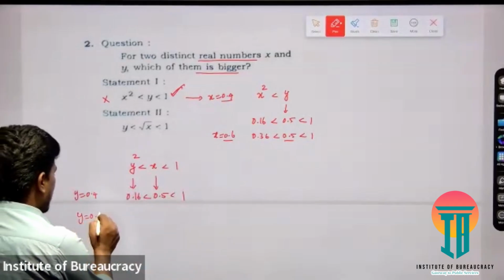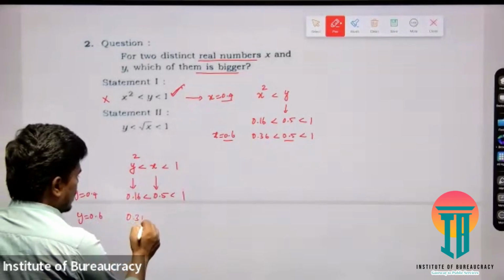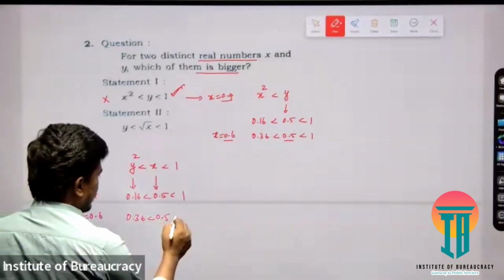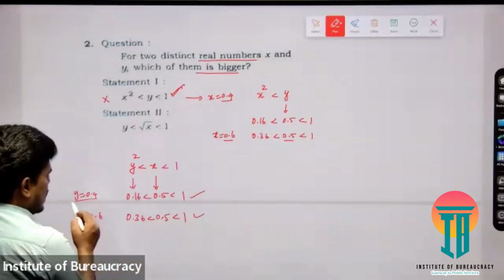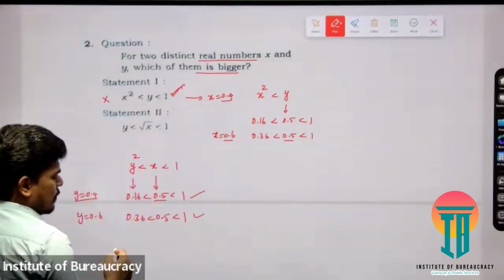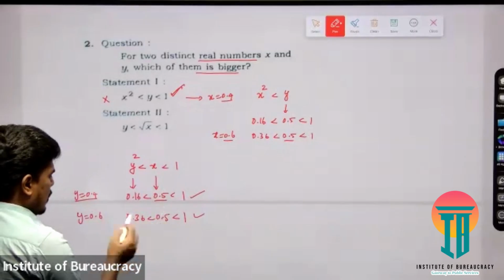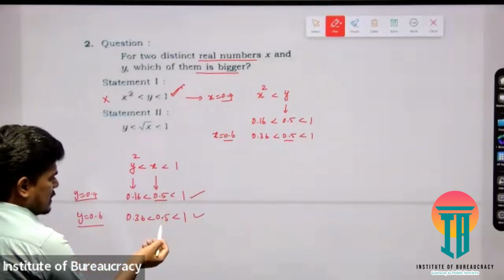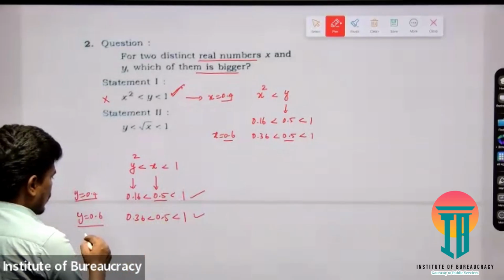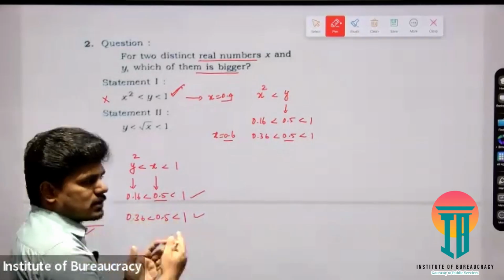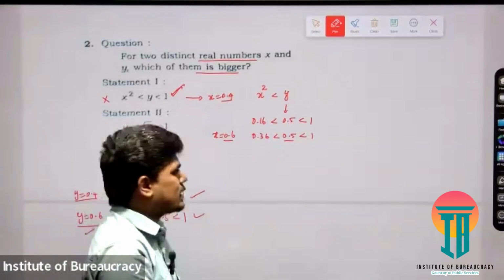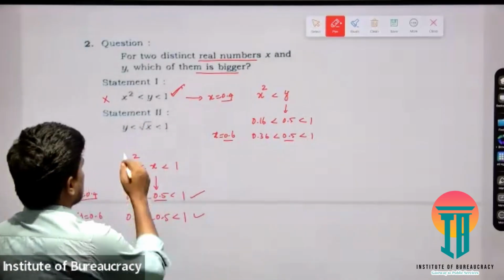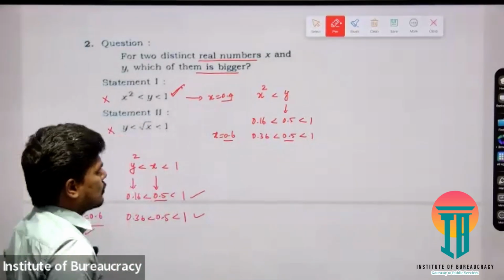When I take 0.6, again 0.36 less than 0.5 less than 1. This inequality is true. But when y is 0.4, x is 0.5, x is bigger. When y is 0.6, x is 0.5, therefore y is bigger. So it alters. So we cannot exactly say whether y is bigger or x is bigger. So using this second statement also we cannot answer the question.